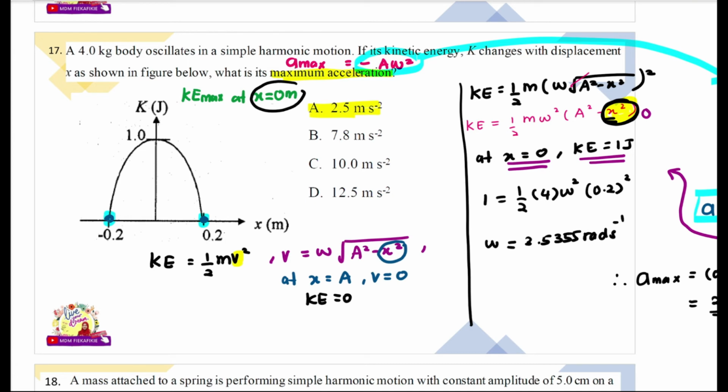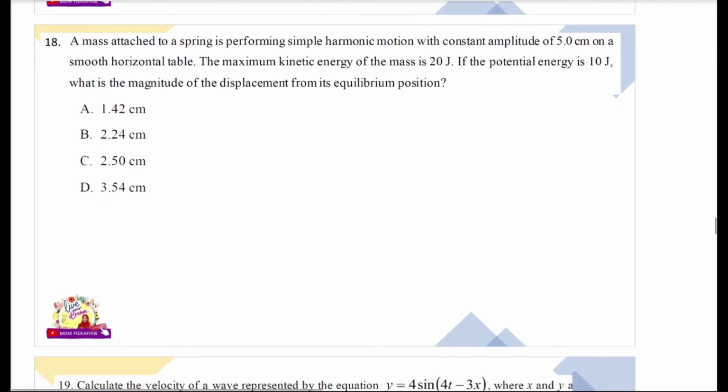Question 17. So question 18. Okay. So let's try to read the question. A mass attached to a spring is performing simple harmonic motion with constant amplitude of 5 cm. So when I get a question, I will first extract the information: 5 cm, which is equal to 0.05 meter.